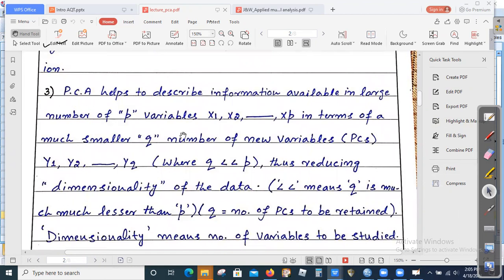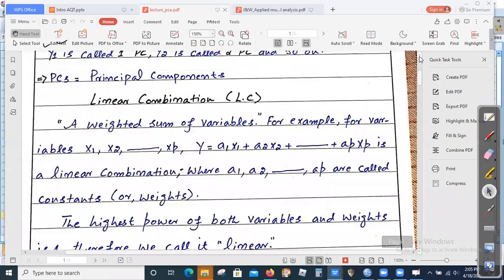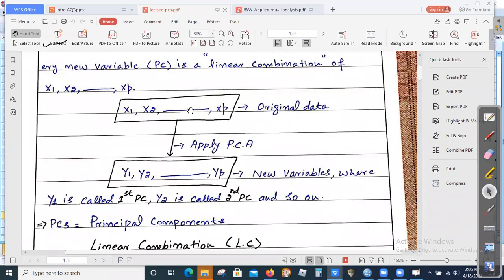Another thing that we should remember about PCA: when we carry out PCA, originally when you consider data on p variables, the technique of PCA would give you as many new linear combinations as the original.